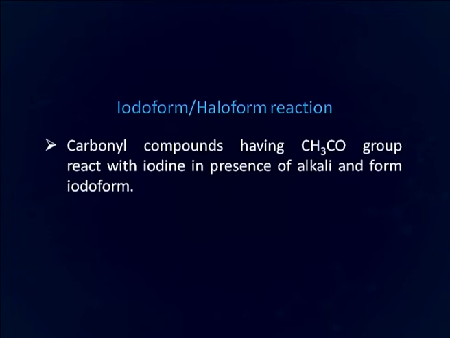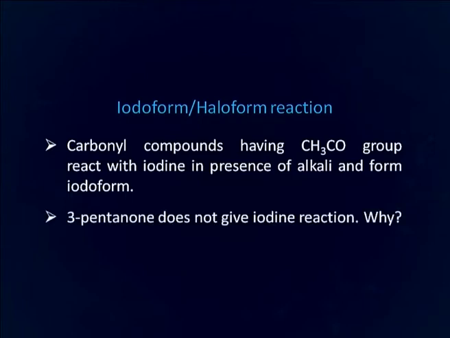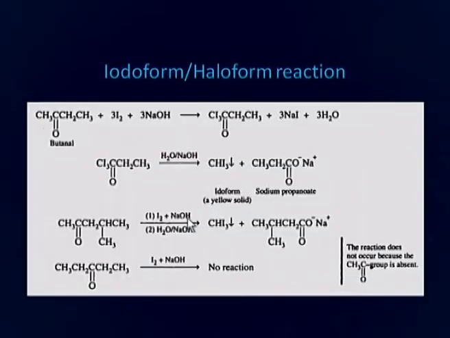Compounds having the CH3CO group react with iodine in the presence of alkali and form iodoform. 3-pentanone does not give the iodoform reaction. The question arises, why? The answer we will find in this figure. Here you can see we have taken 3 examples. In this case we have a CH3CO group in the molecule.